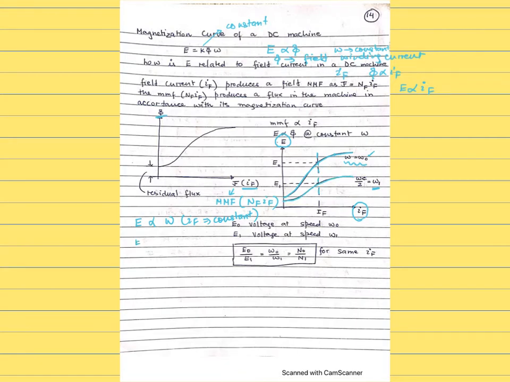If E0 corresponds to omega 0, then E0 over E1 equals omega 0 over omega 1, proportional to speed. Since this is the ratio of the two speeds, it doesn't matter whether you put it in radians per second or RPM. So you can also do N0 over N1. That's the proportionality, which is very, very useful.